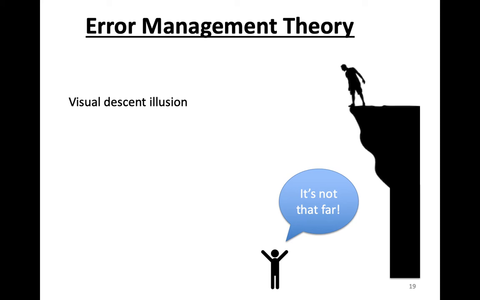Again, it has to do with error management theory. The theory goes that we have this evolved mechanism: when something's coming toward us, it could be something that could hurt us, and it's better to be safe than sorry. So we have these biases that make us think it's closer when it's coming towards us than when it's moving away.